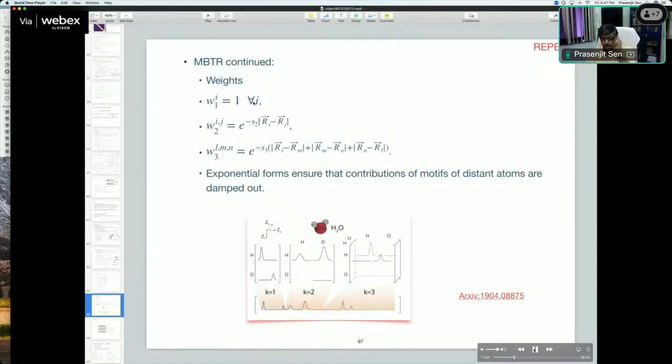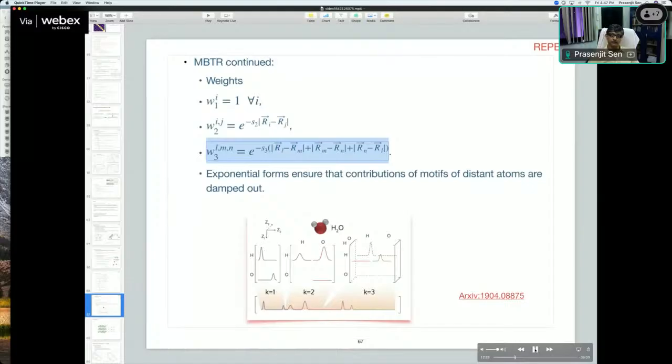So the weights are all 1 for the one body motif, and weights are exponentially damped for 2-body and 3-body MBTRs. Yes. And we discussed how the MBTR for a water molecule is constructed. I mean, we did not discuss how to construct it, but basically how to make sense of these plots.